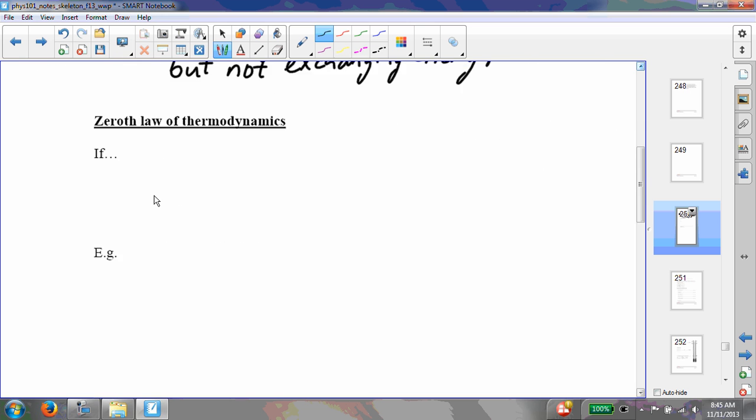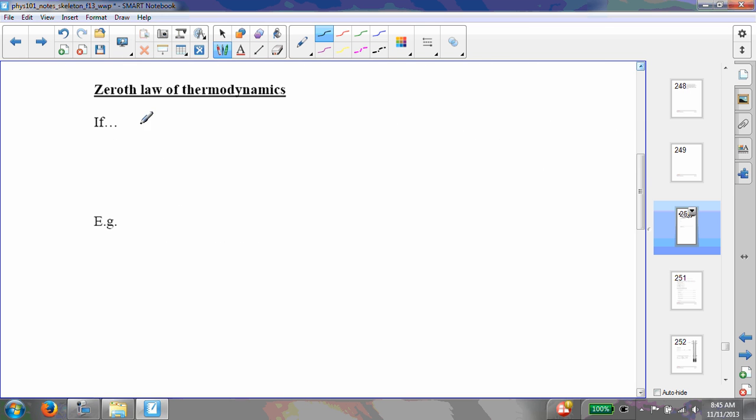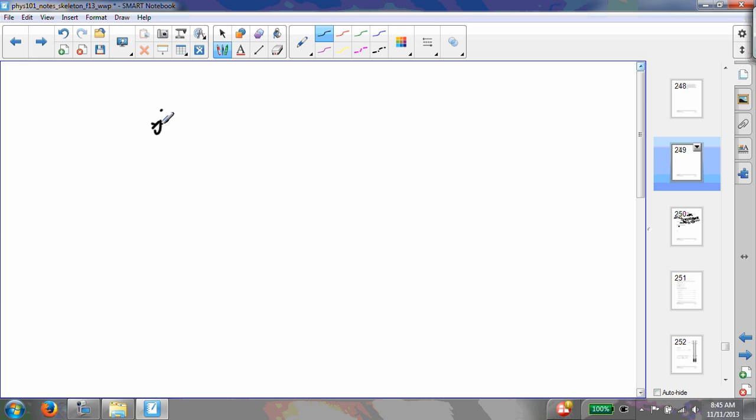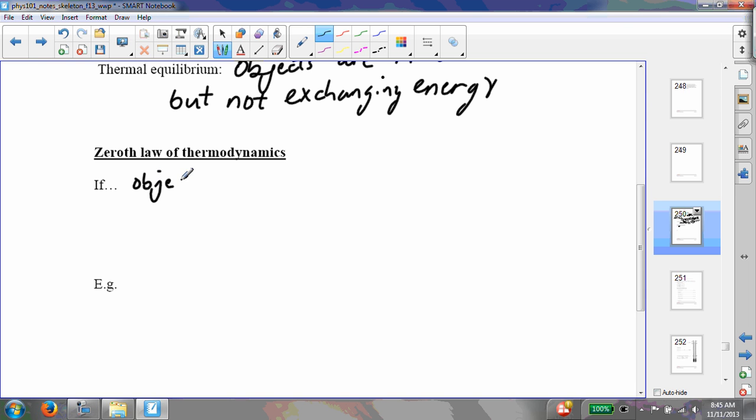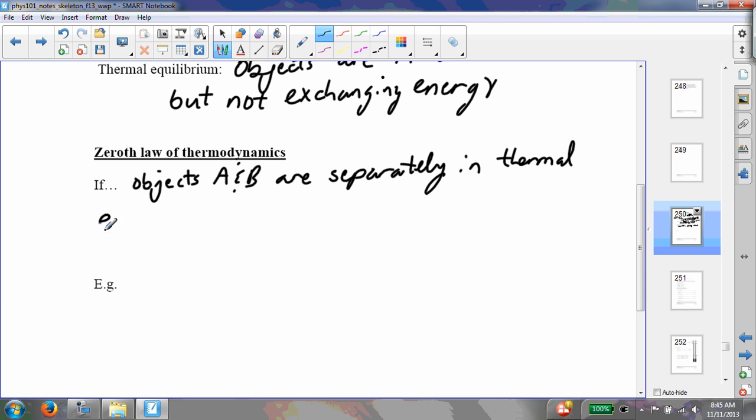The zeroth law of thermodynamics says if objects A and B are separately in thermal equilibrium with a third object C, then they're also in equilibrium with each other.